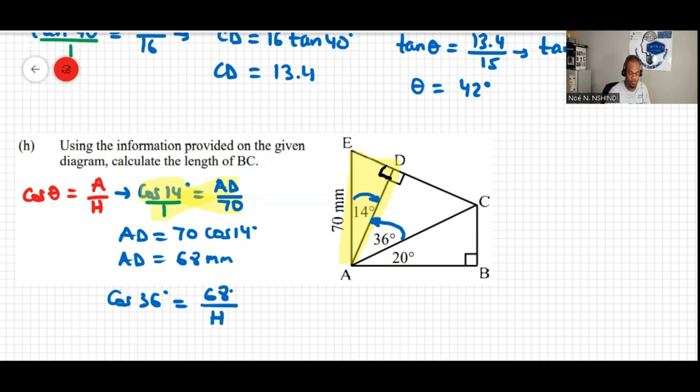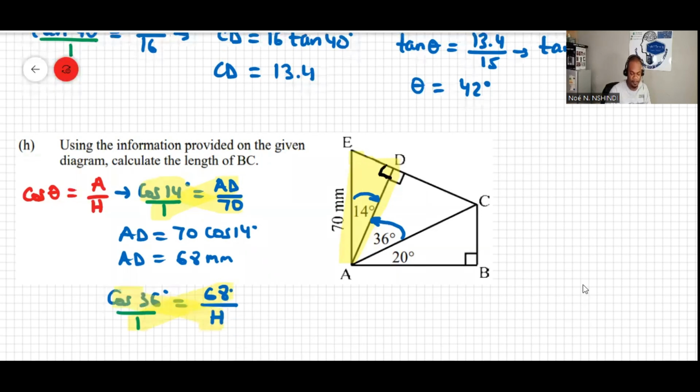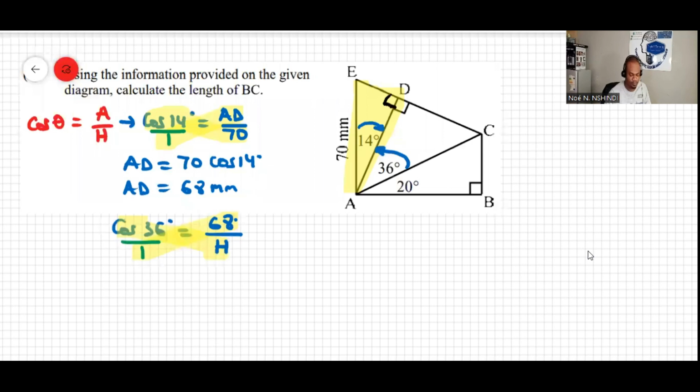So we cross multiply again, because there's an invisible 1 there. So this makes 1 times that, and then h times that. So this would be h times cos 36 degrees equal to 68.